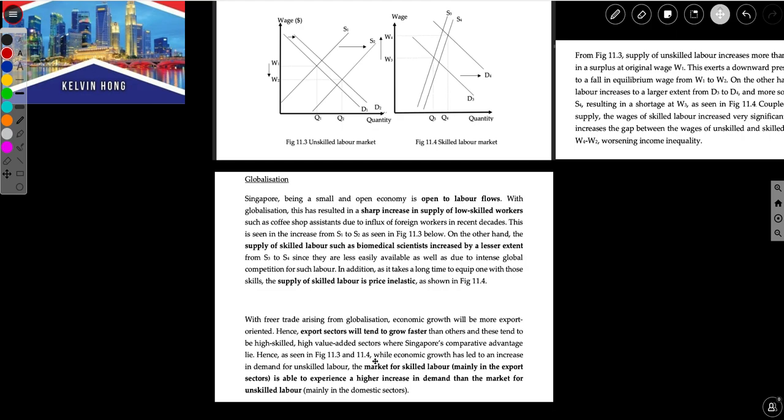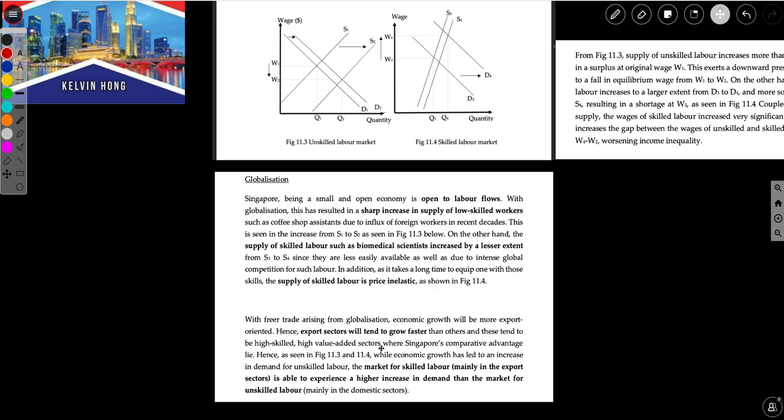While the Singapore economy booms, there will also be higher demand for unskilled labor, or the non-university grads, which again, they are skilled, just less skilled. But the demand is probably not going to increase as much as the demand for the university grads. Because when we are talking about exports, you are looking at global markets.